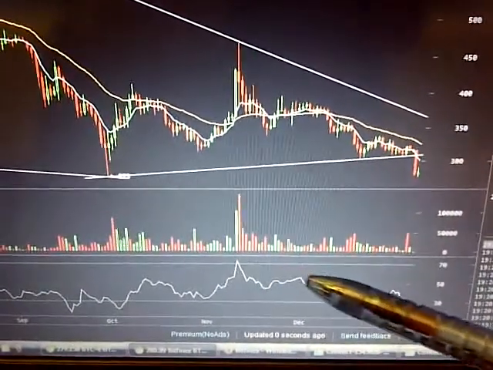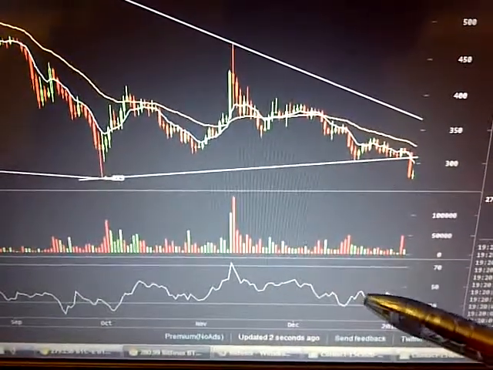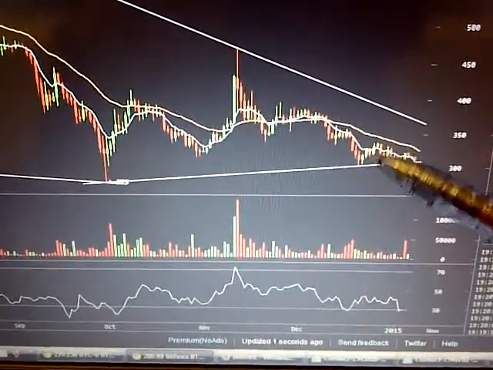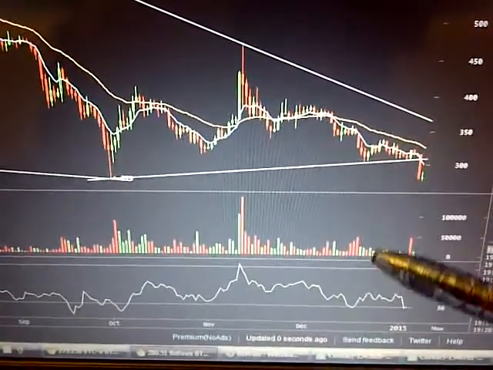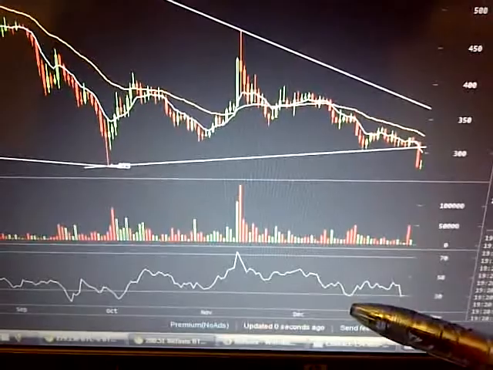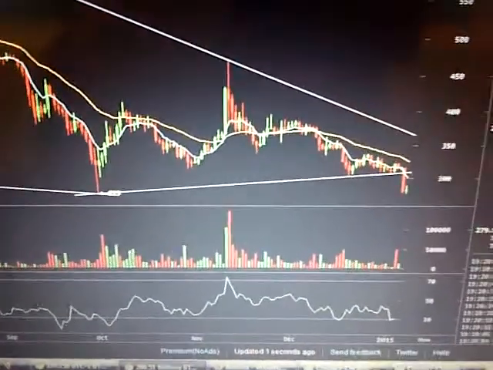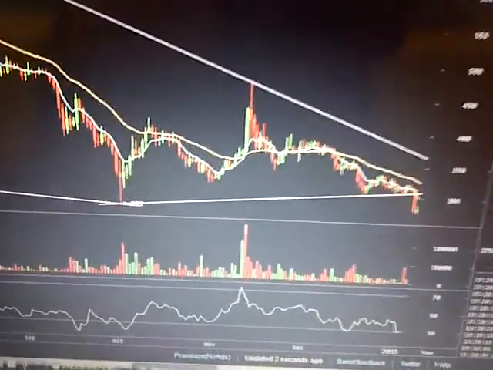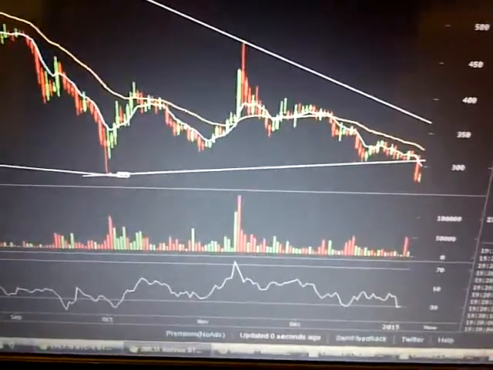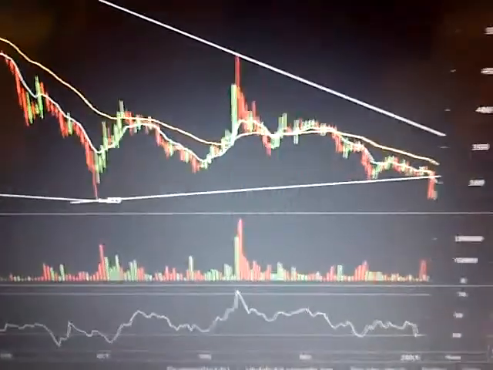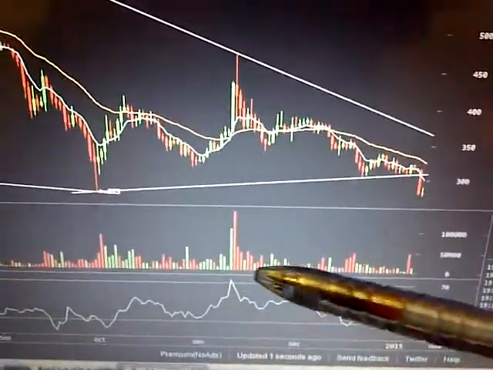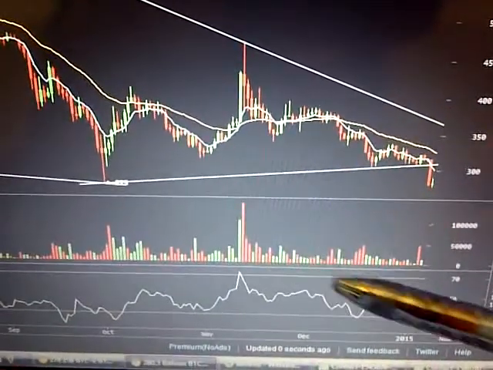If you drew a line here and saw that it was breaking out, you would have tried to buy here thinking that it might go up. But I've learned the hard way through forex trading and stock trading that the RSI doesn't always mean that it's going to move up. It's just the momentum of the price.